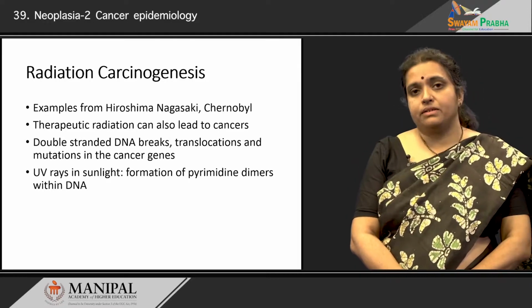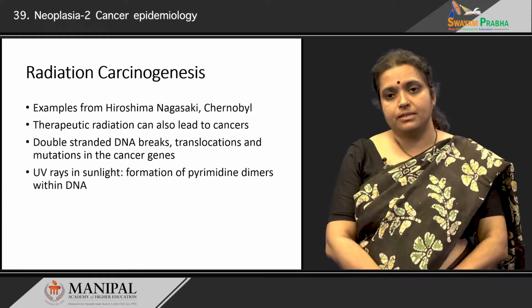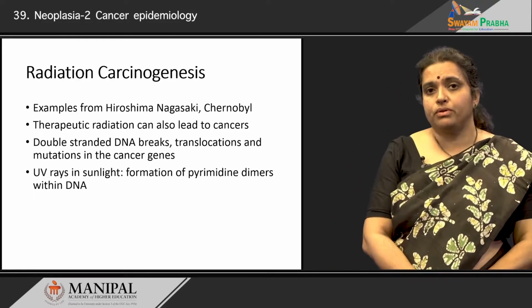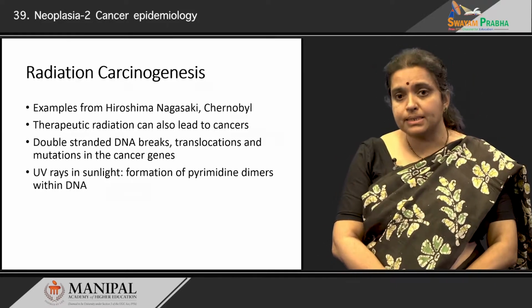Also the survivors of the Chernobyl incident in Russia are prone to develop a lot of cancers.